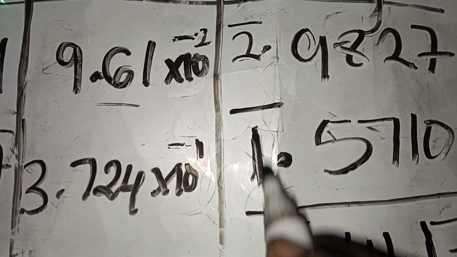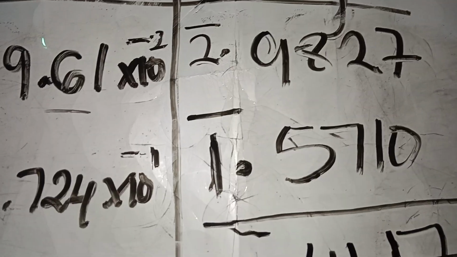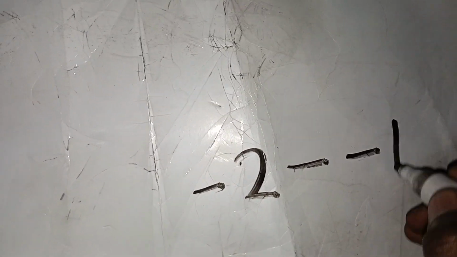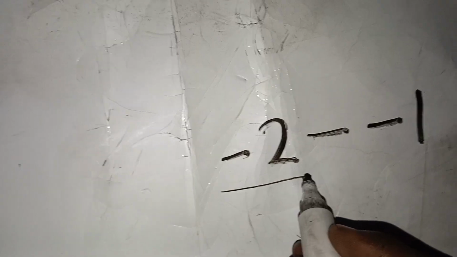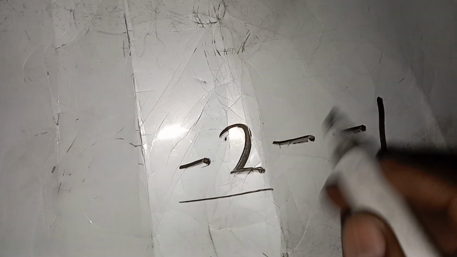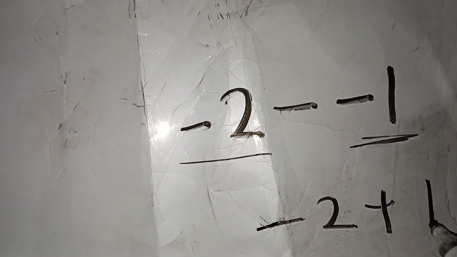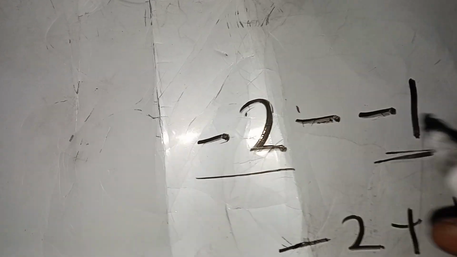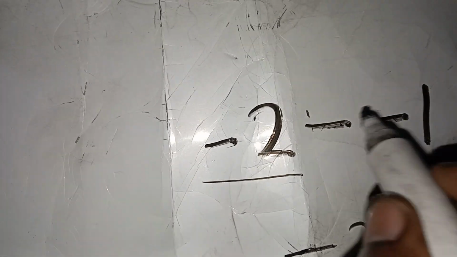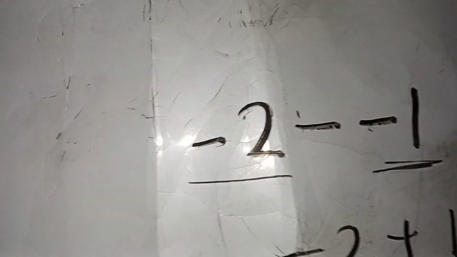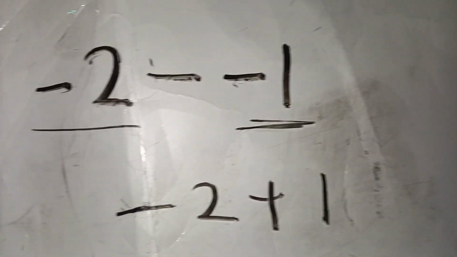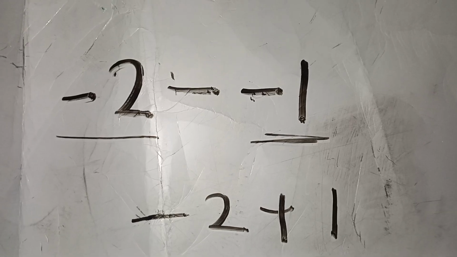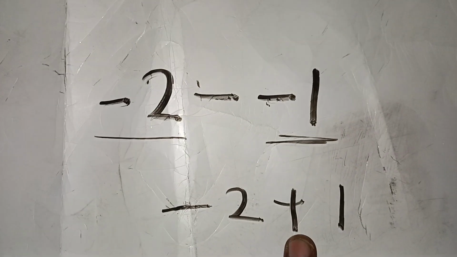So here we have -2 minus 1. Whereby this was bar 2, this was bar 1, and we were minusing. So this will mean -2 plus 1, because when a negative and a negative come, you work them together, they bring a positive value.